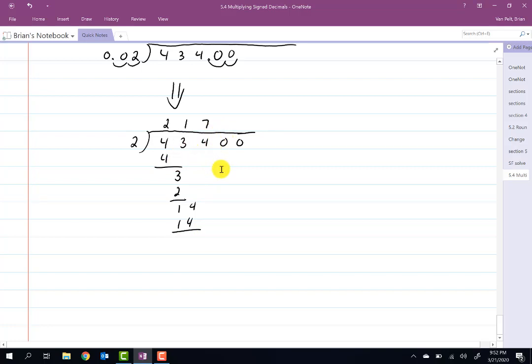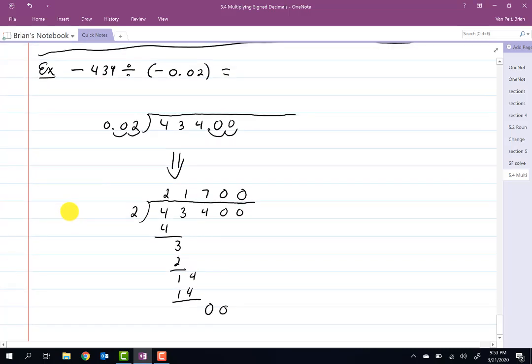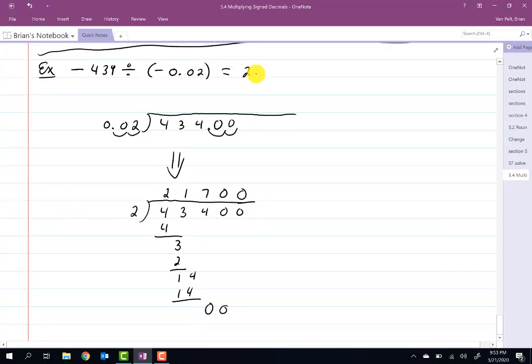Why? You have to keep maintaining the same way you were until you run out of all these digits. I have not utilized them all yet. I can bring down a 0. How many times does 2 go into 0? 0. I can bring down another 0. How many times does 2 go into that second 0? 0. So the answer to this is actually 21,700.